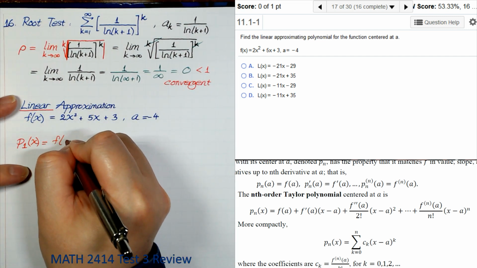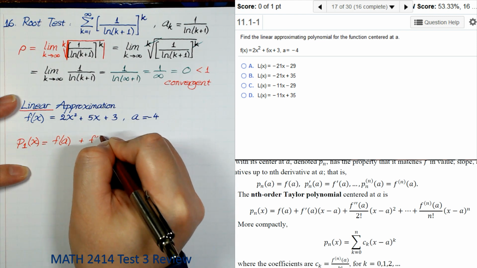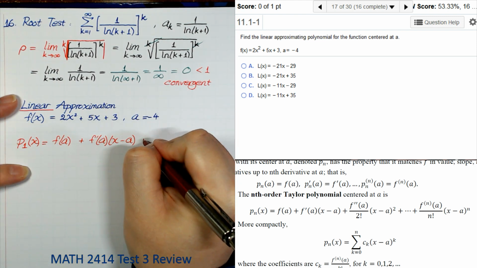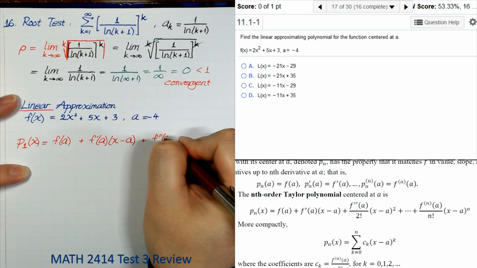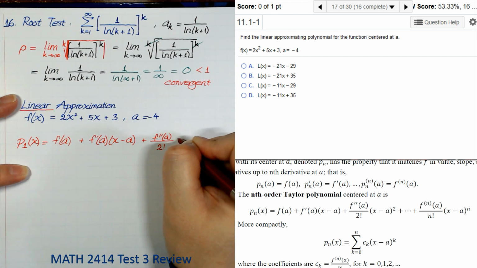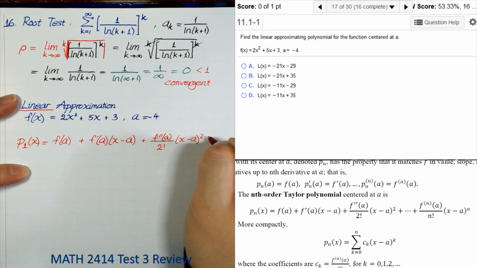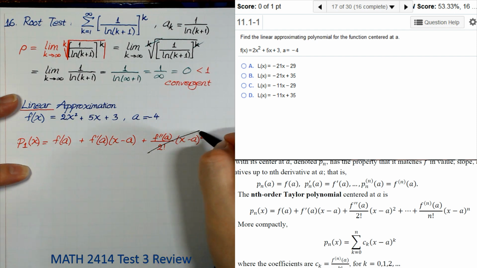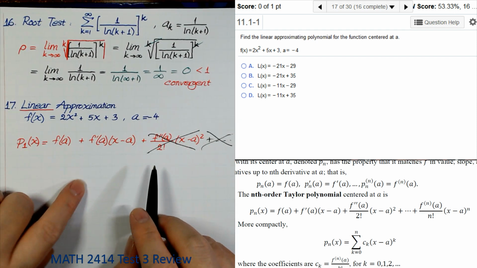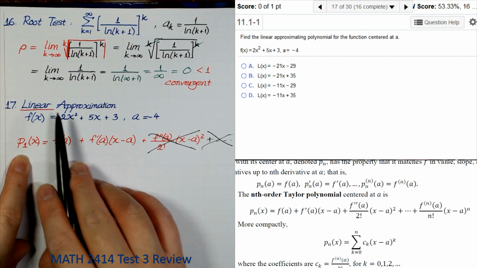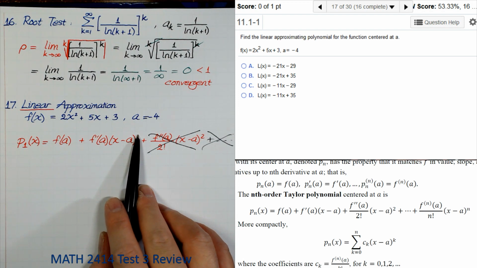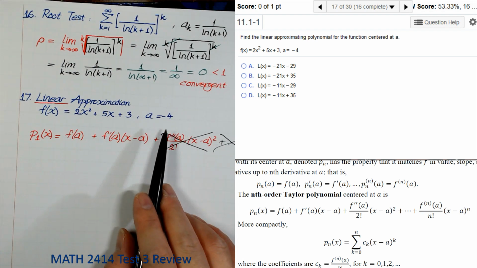So we just write the derivative times x minus a, second derivative times x minus a squared. We're not going to have this term or anything after that, because this is only a linear function, so we only have the power of x, not x squared or any higher. That's as far as we go.